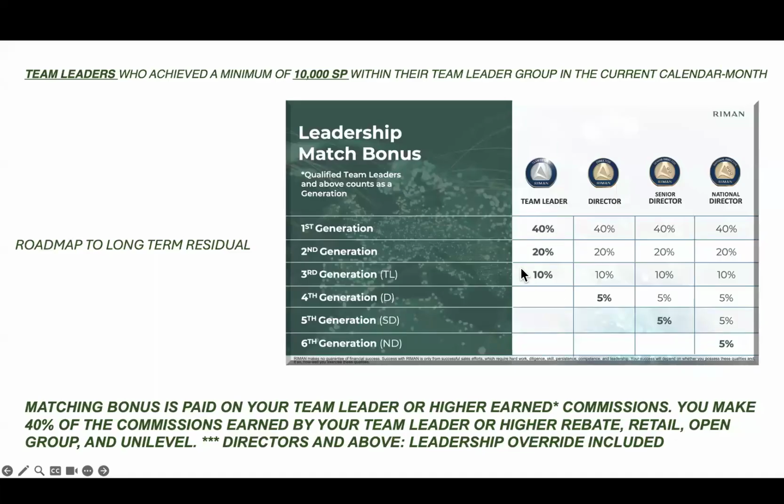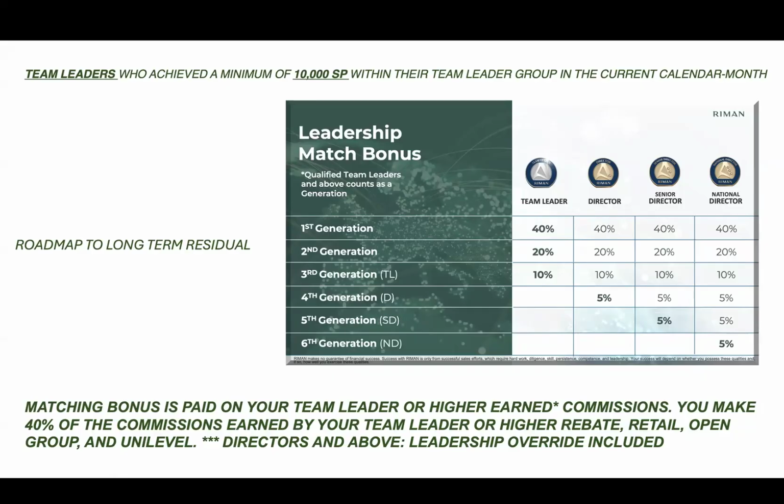So what this really is saying is, when you create another team leader in your business, and it can be on your first level, your fifth level, your sixth level, heck, your 30th level, wherever level it is, the first team leader that you promote anywhere in your organization, that is your first generation team leader.